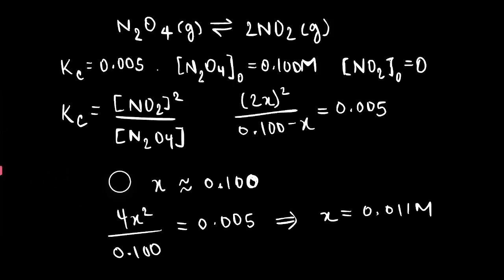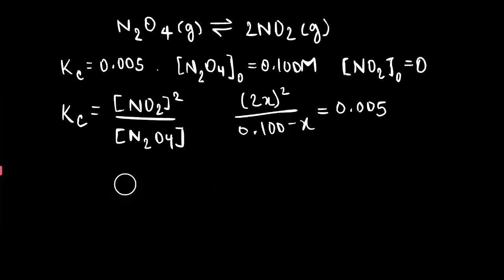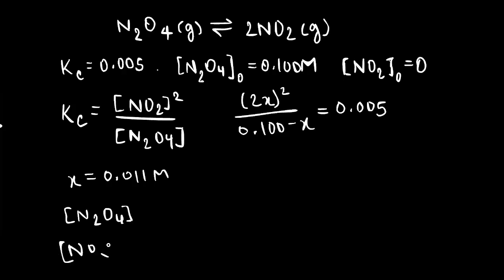Let's clear up some room again. So we figured out that our x is 0.011 molar. So now if we want to figure out our N2O4 concentration at equilibrium and our NO2 concentration at equilibrium, all we have to do is plug in this x value into the respective spots.